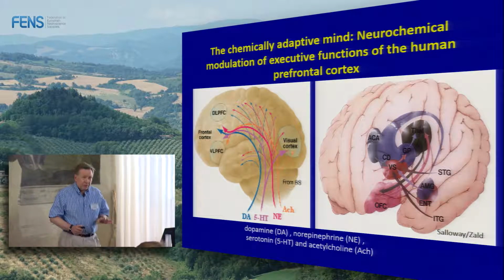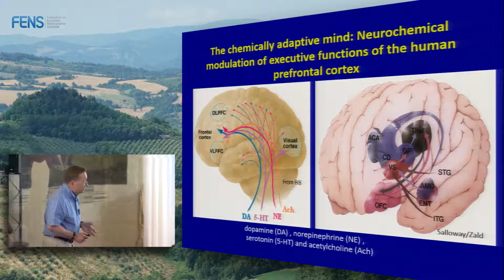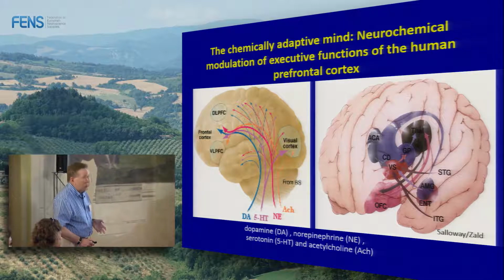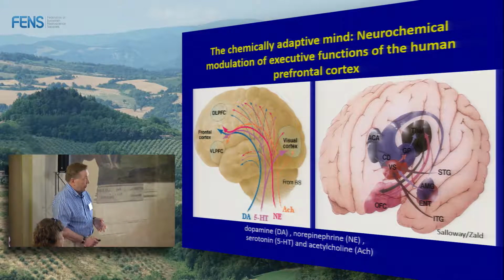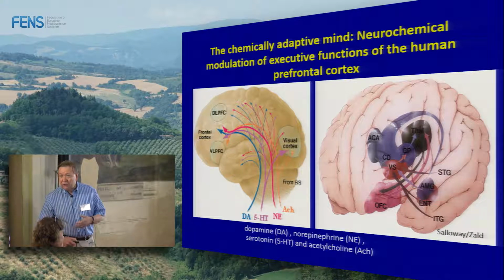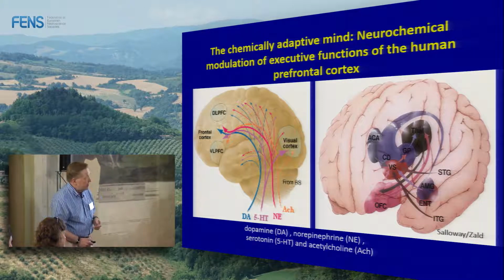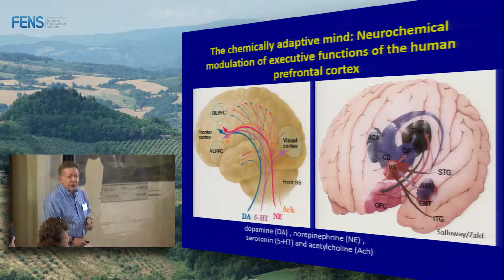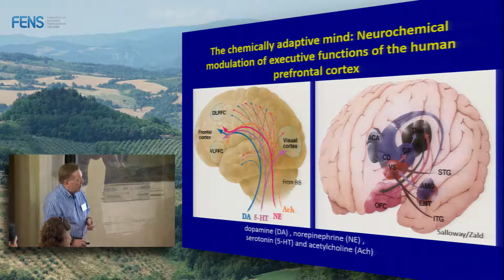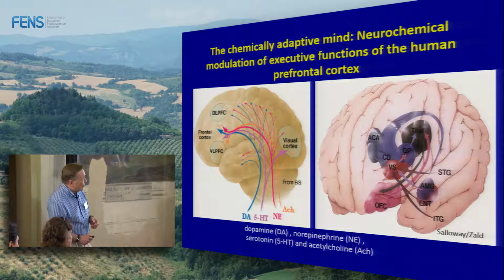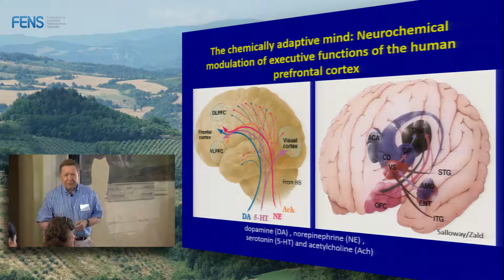So, as we know, the cortex, this is the human brain, this is the human reward system. Of course, it's a network, including the nucleus accumbens, or the ventral striatum, and the orbitofrontal cortex. But these networks and these sectors of the brain are under what we call chemical neuromodulation.